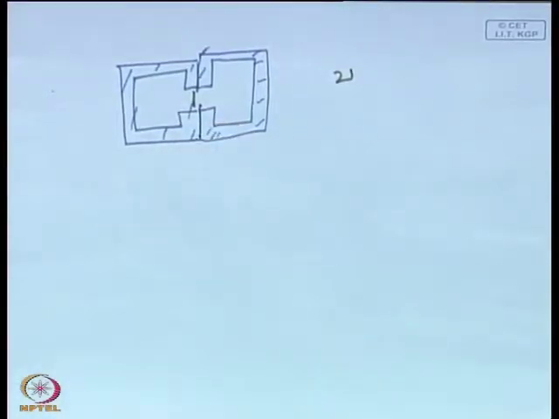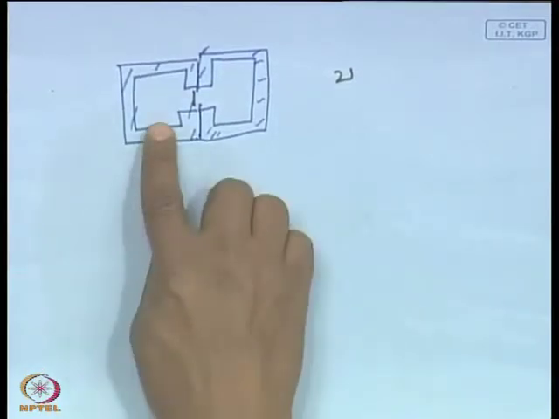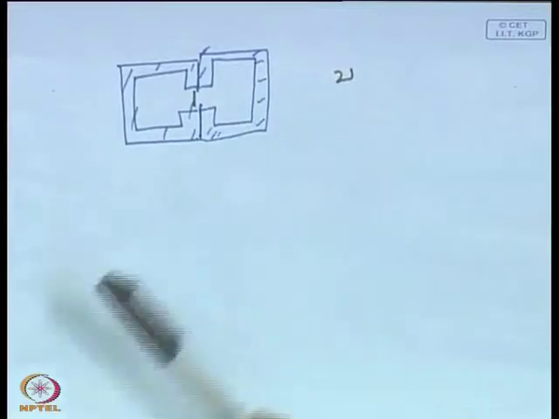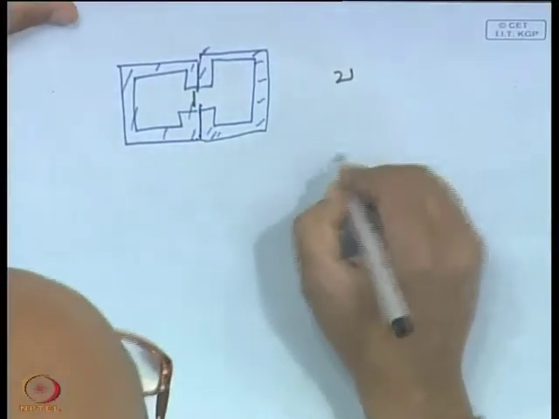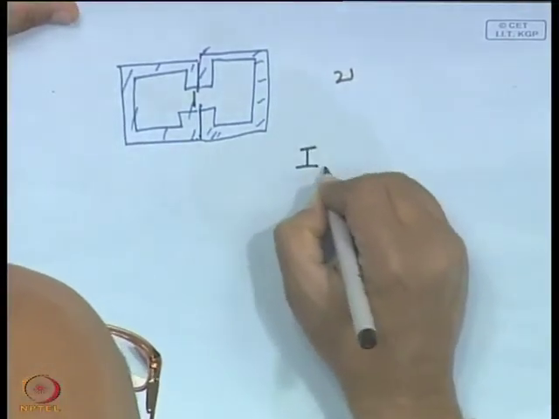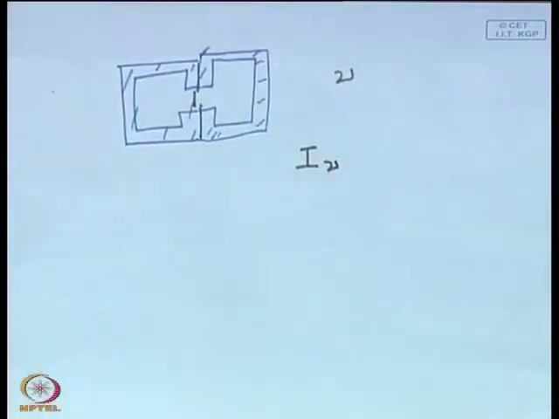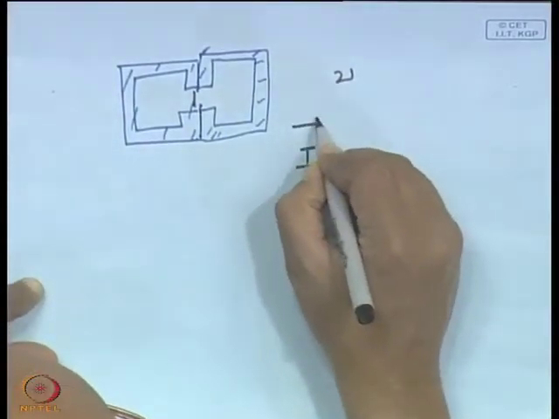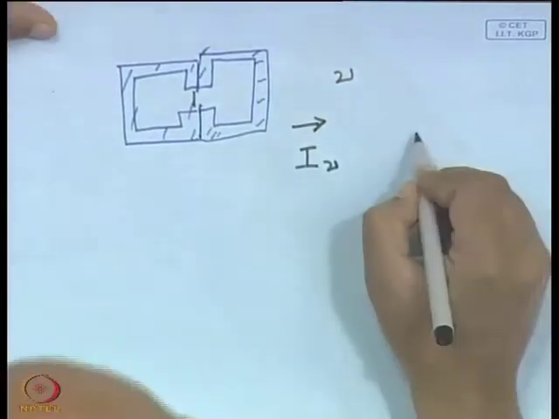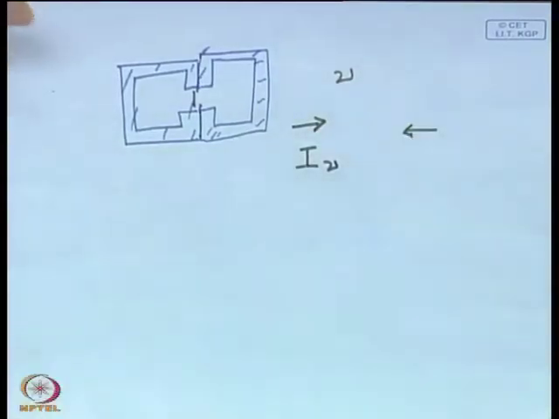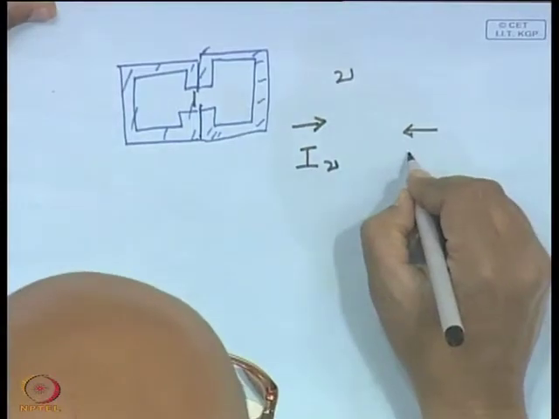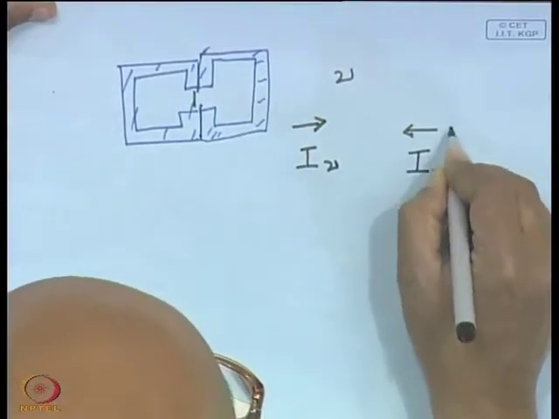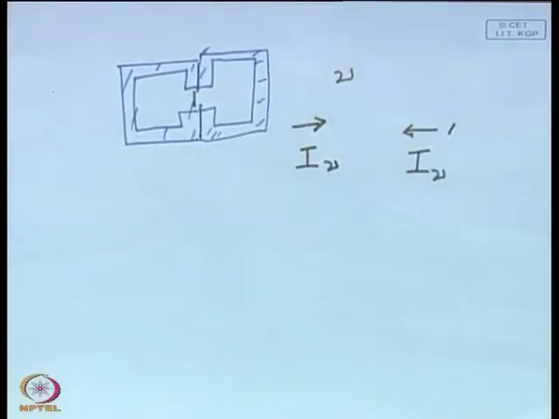Okay. Now, the amount of radiation that goes from the left to the right in any specific direction is going to be I nu, and the radiation that comes from the right to the left in that same direction, let us say its specific intensity is I nu prime, at the same frequency.